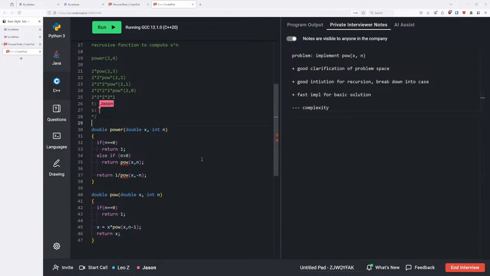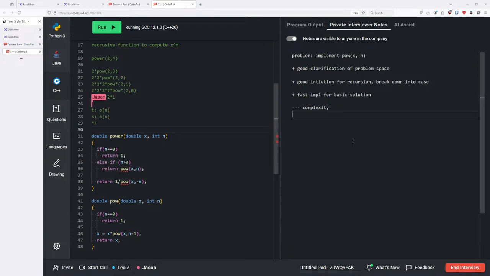And then space would just be the recursive call stack, which I guess is also O(n). We're not using any extra data structures, so it's just these two in terms of time and space. And x here doesn't play a role at all.